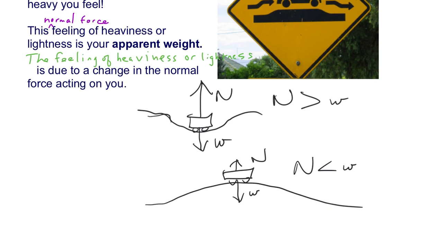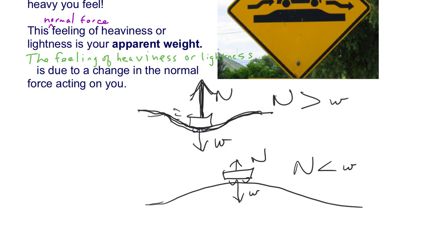So if you meet a depression in the road as you're driving, you feel smushed at the bottom of that depression. You feel heavier than you would on a level road moving. Okay, so your apparent weight's greater than your actual weight.